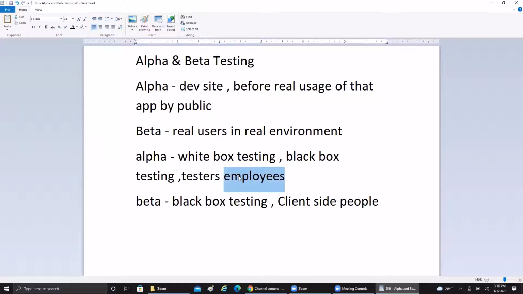So they are totally the owner side, client side people. They will be performing the beta testing.